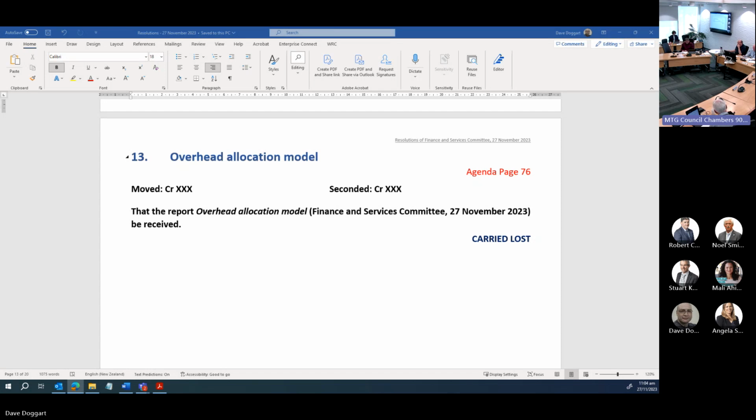As is illustrated in the diagram on page 77 of the agenda, there's effectively two key elements to the way that we move costs around in terms of our corporate overheads, corporate costs, which are for things such as finance, myself and my teams, people and capability, and information services.